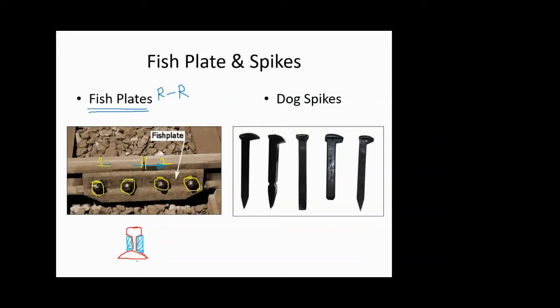This is the joint, and they are connected by a simple nut and bolt assembly. The hole is drilled in your rail as well as in your fish plate, and then you have this type of assembly. So these are the fish bolts, the red one, and the blue one is the fish plate. I hope it is clear from the picture and the explanation.